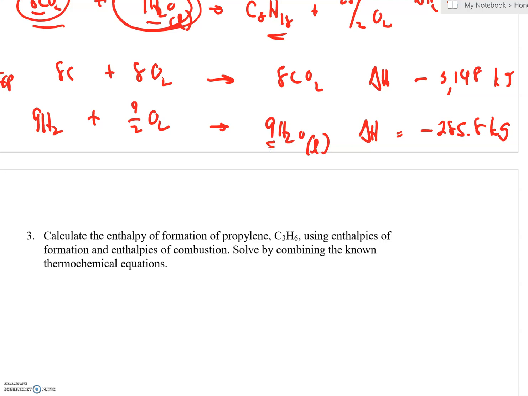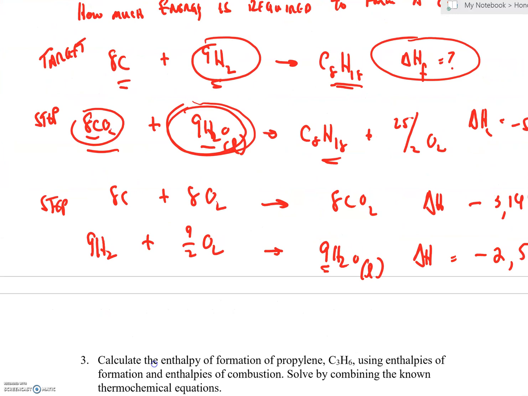So let's take that negative 285.8 and multiply that by 9. This is now negative 2,572.2 kilojoules.